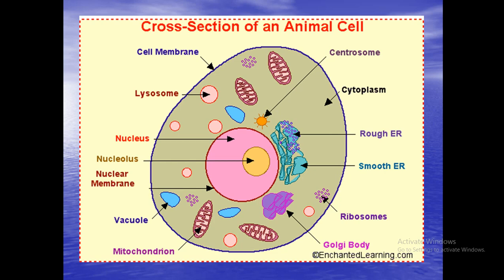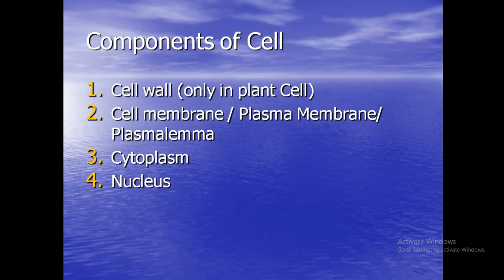Now, with all this introduction about the cell, probably now we can move on to the study of the cells. So for the very purpose of studying the cell, let's divide the cell into a number of components.